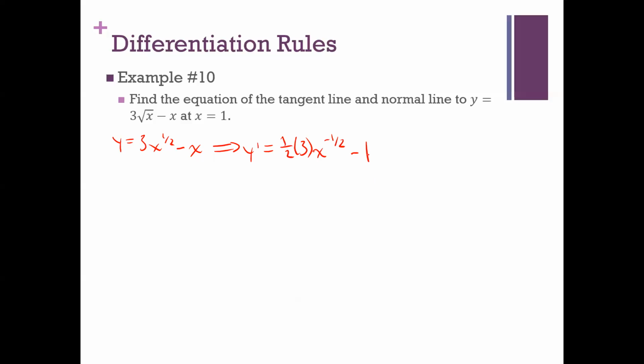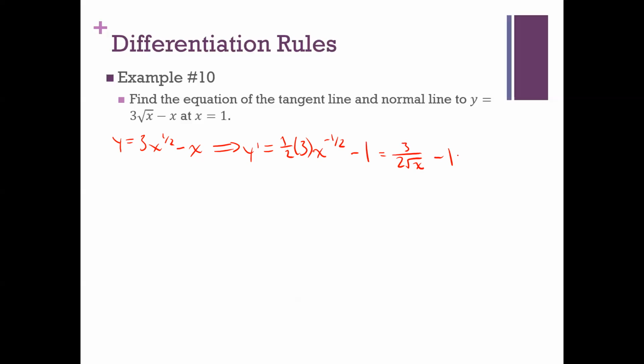Okay. So there's my derivative, y prime, and I'll clean it up one time. Actually, I'm going to rewrite it to probably make it easier to deal with. Now I've got 3/2 radical x minus 1. So there's my derivative.